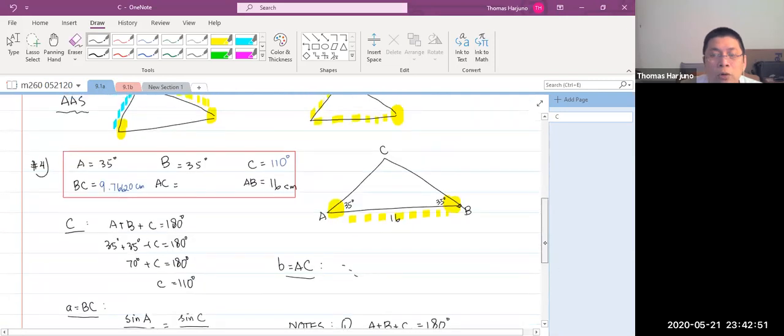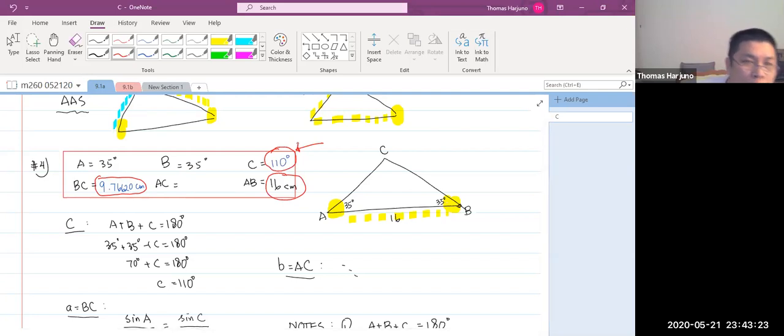Okay, in this case, you see that the longest side is 16 centimeter. The angle opposite it is the largest. So earlier, even before I got this 9.7 something, once I knew that this is 110 degrees, which is the only obtuse angle possible, in a triangle you can have at most only one obtuse angle.